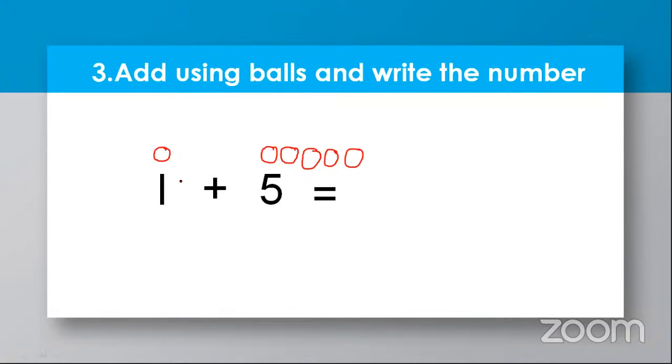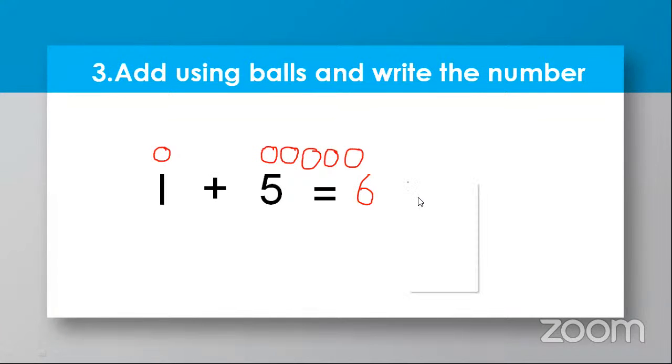So we are going to count them together. 1, 2, 3, 4, 5, 6. Then we write our number 6 here because we have added, we have counted them together. Thank you very much for counting with me.